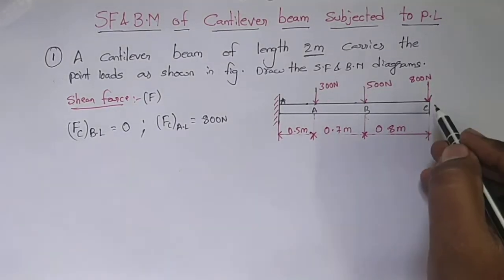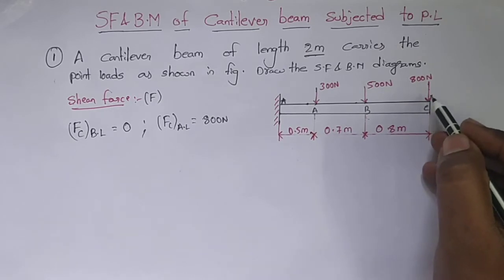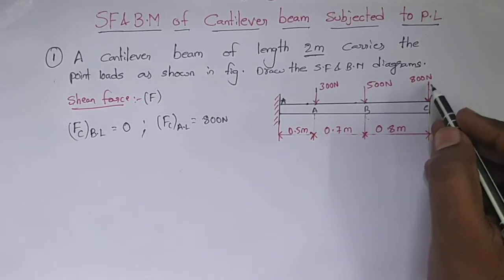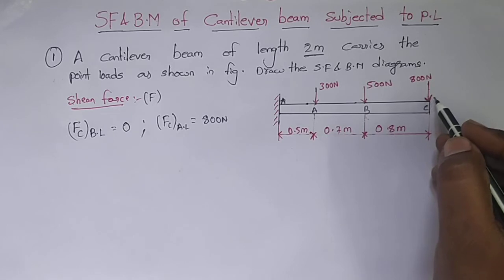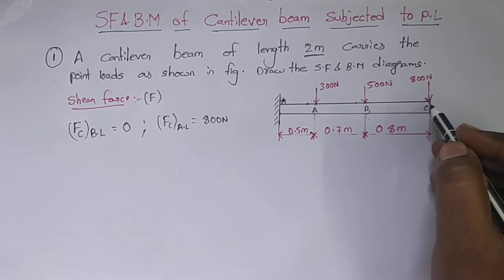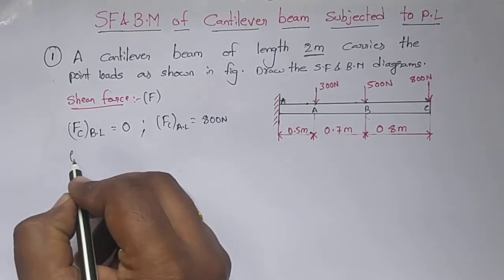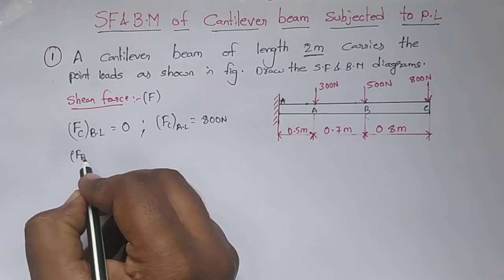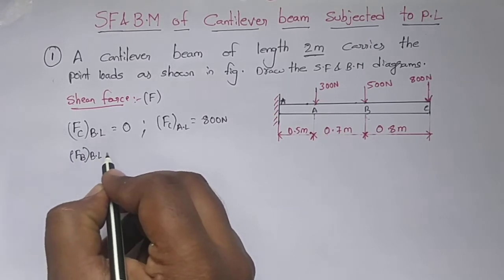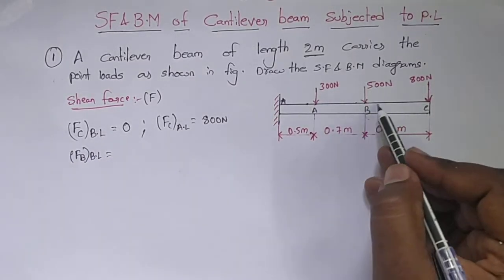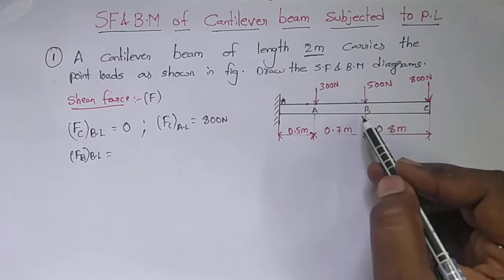I am considering this section at point C. Therefore, on the right side of this section the load is acting downwards, so the downward force is taken as positive. Similarly, shear force at point B before load. Before load means we did not consider the load acting at that point.